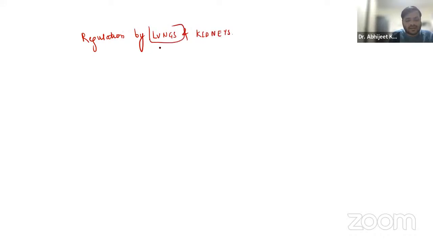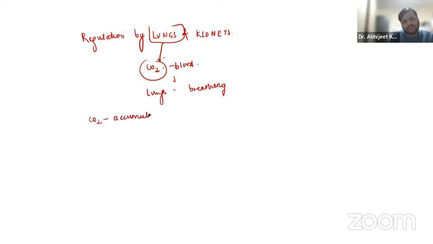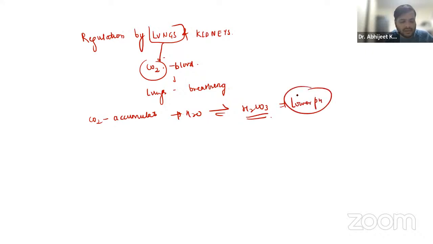When I say lungs, I've already told you CO2 levels in the blood are controlled by the lungs through breathing. If CO2 is accumulated, it will combine with water to form carbonic acid, right? So that will actually lower the pH.